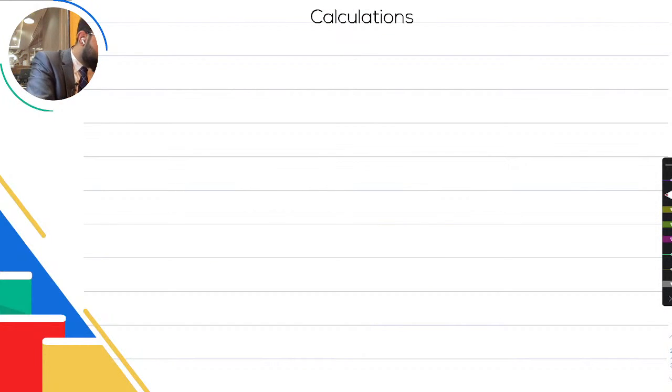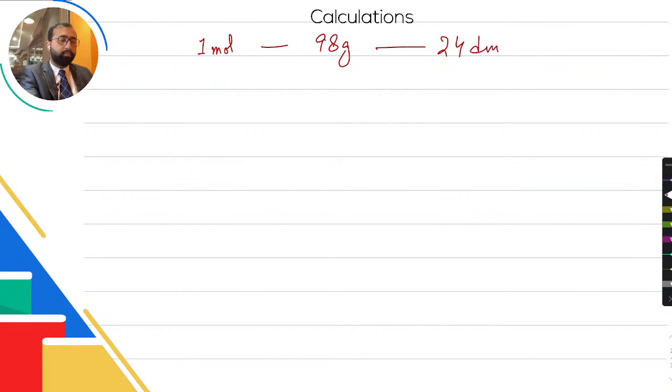Here's what I'll do. I know that 1 mole of sulfuric acid is 98 grams because its Mr is 98. And its volume, if I boil it, will be 24 dm cube. So if I have 50 grams, what would its volume be?